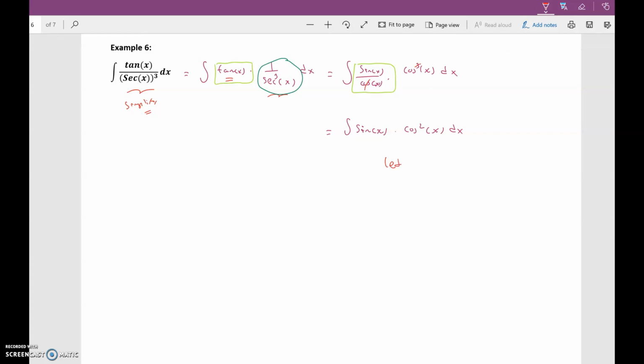So we would let u equal to the cosine of x, which is going to give us that du. So hold on, let me put this in blue.